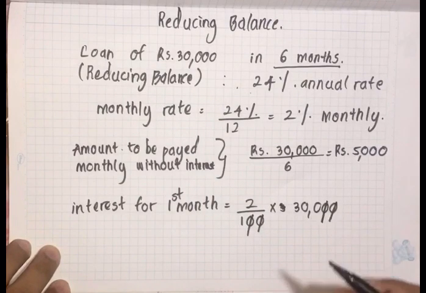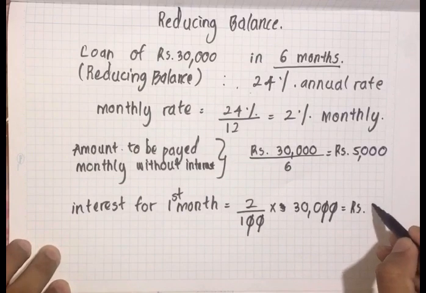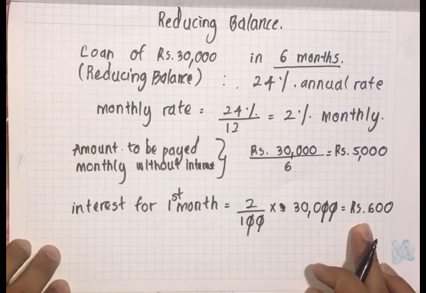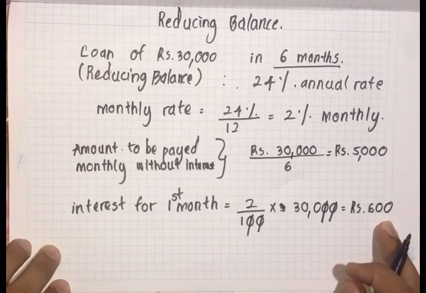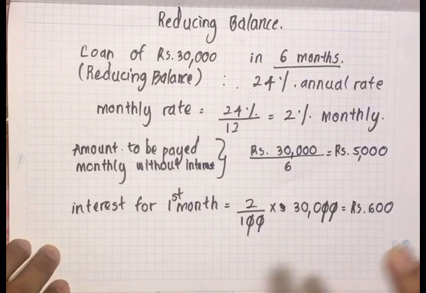So, it will give you how much? Mention the units. Okay. During the first month, you have to pay a loan of 600 rupees. Understand? Now, you have to find each of the interest, the loan amount for each of the months, and then finally, we'll do some calculations and then we'll give the answer in a proper method.